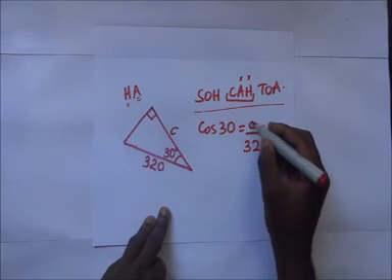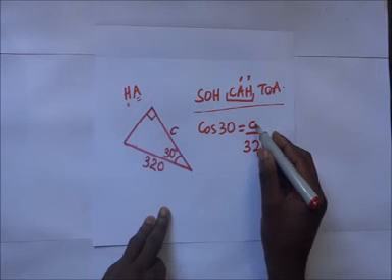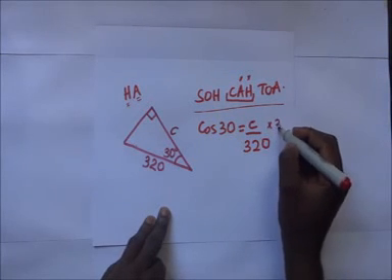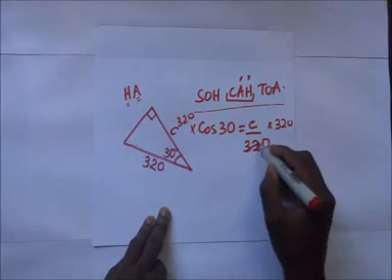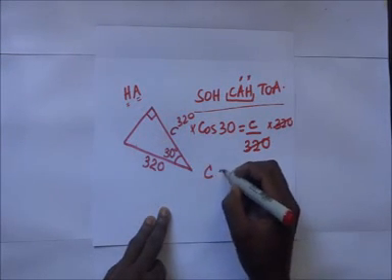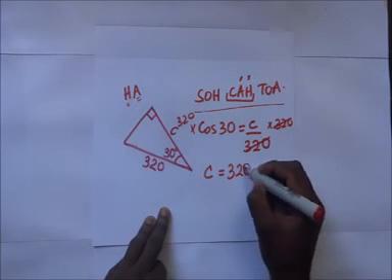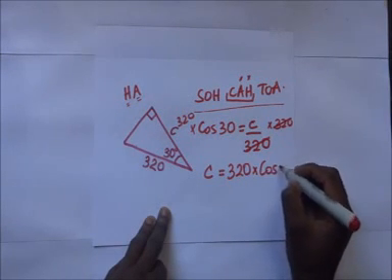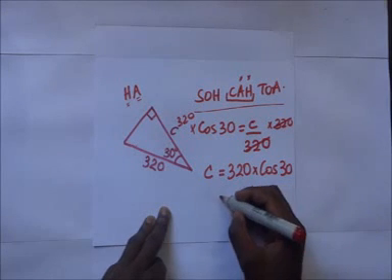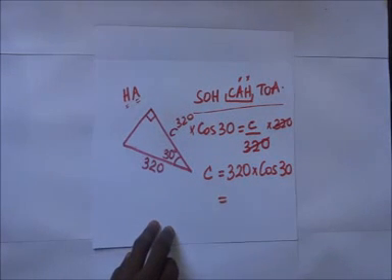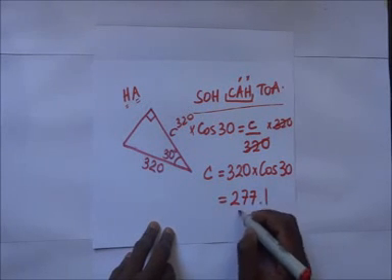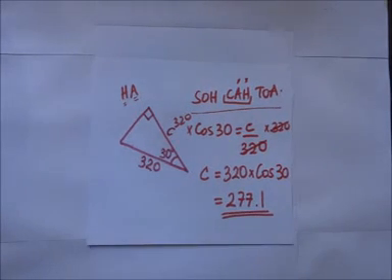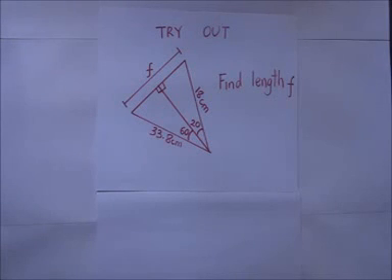So making C the subject of the formula by multiplying 320 on both sides, our value of C is going to be equal to 320 times the cosine of 30. So 320 times the cosine of 30 gives us 277.1. That's our answer. Right there is a number for you to try out.